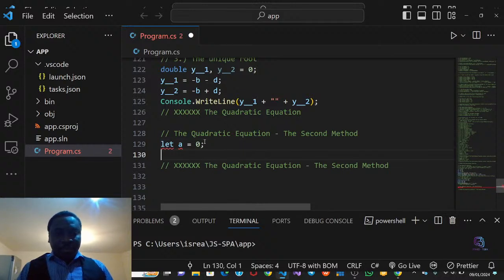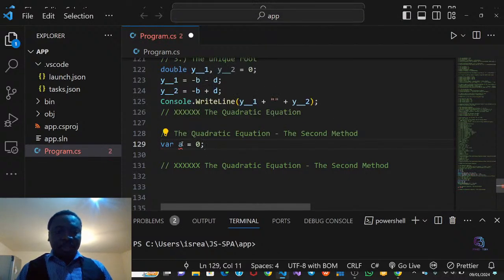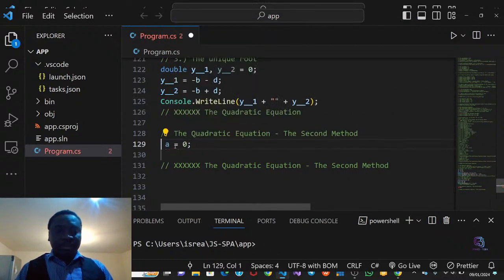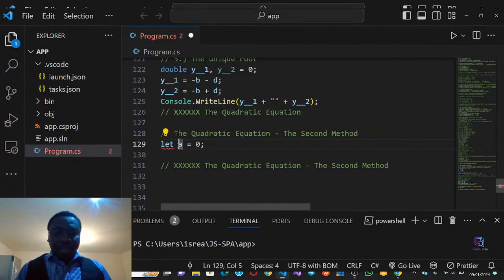Let's use the let, so we should not go out of concept. I'll call it underscore A. Let underscore A be equal to 0.